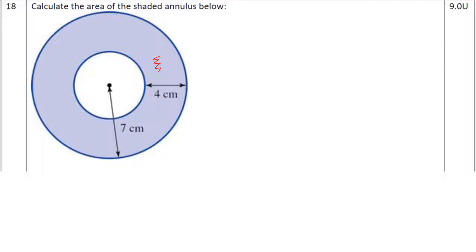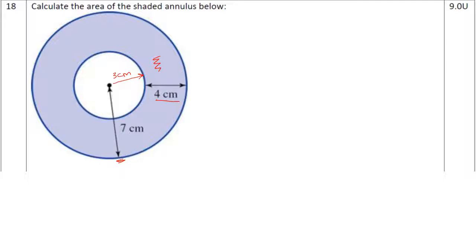And the other bit that they're going to confuse us with a little bit here is that we're not given the right dimensions for the inner circle. So what we've got to recognize is if the radius of the outer circle, the big circle, is 7 centimeters, but the thickness of the annulus here is 4 centimeters, then the radius of the inner circle is actually 3 centimeters. So that was one error, to use the wrong values in here.